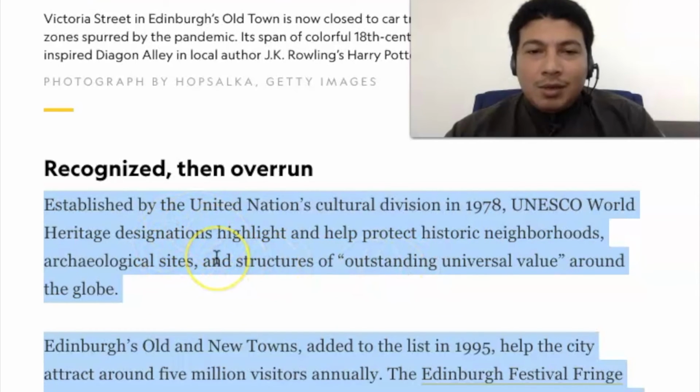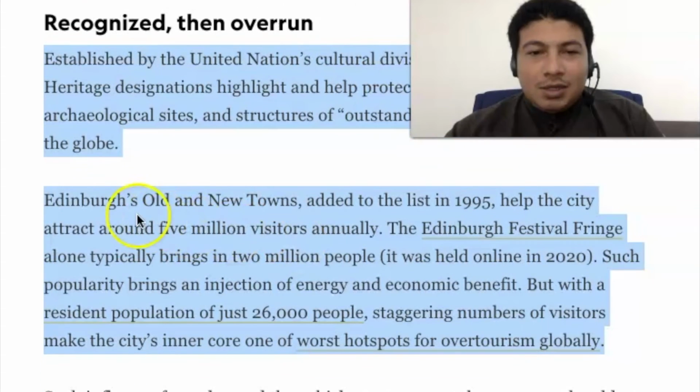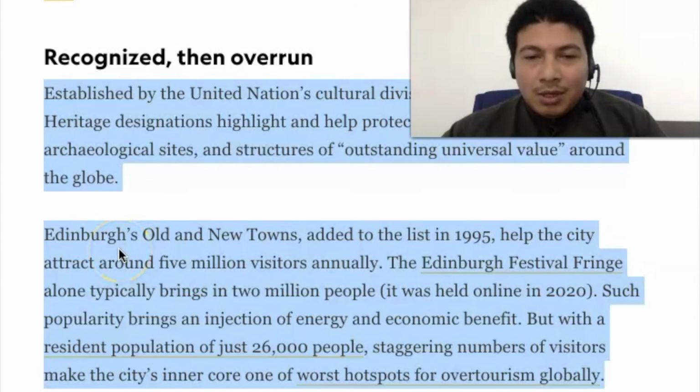So that is what the United Nations, UNESCO, does, which is to protect historical places. And this is the example given. So this is the supporting detail to further describe the main point. So it says here as an example, but there are no signal words, but it is a type of supporting detail.